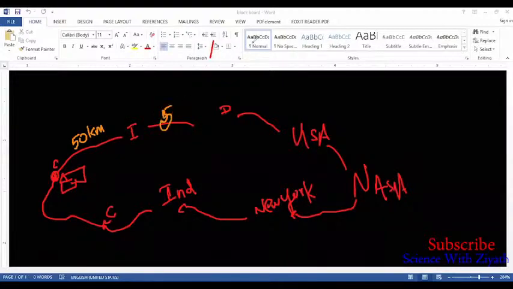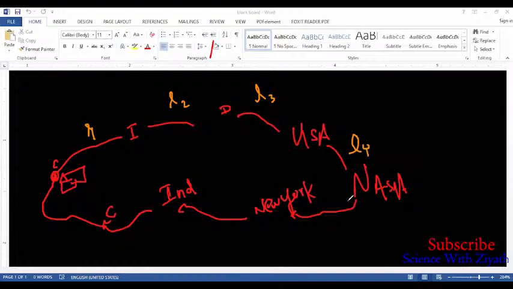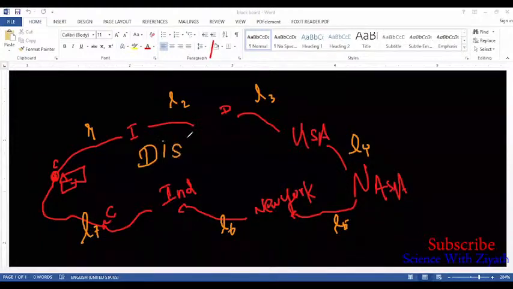If I say the length of this Colombo to India is L1, this is L2, this length is L3, this length is L4, and if it's L5, L6, and L7, to find the distance you should add all the lengths, the total length.